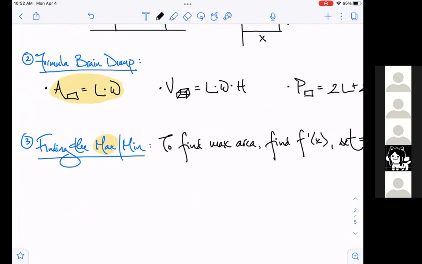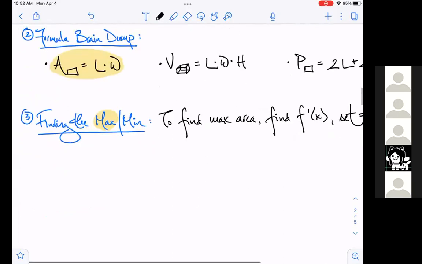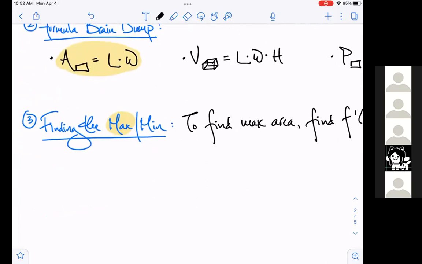All right, so let's say that we have, how do we want to do this? All right, so we have our find f prime of x, and for us, that means that we have area equals length times width, okay?